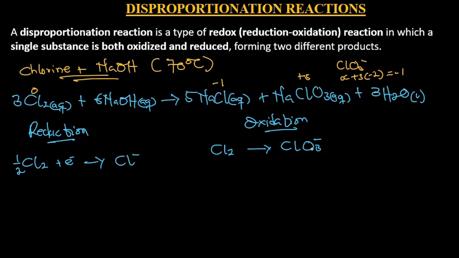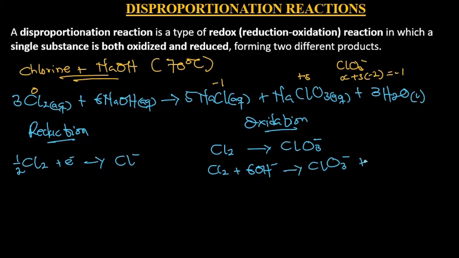We need to balance the oxygen. So I'm going to put Cl2. To balance oxygen on the left, I'm going to bring 6 moles of hydroxide. Remember, if you have 3 atoms of oxygen on the right, to balance it, you add times 2 of hydroxide on the left. So 6 moles of hydroxide giving me ClO3 minus.